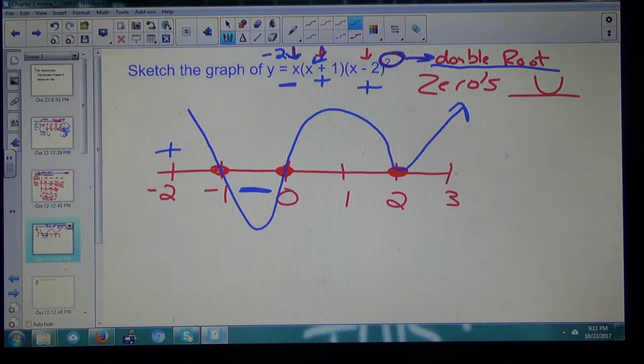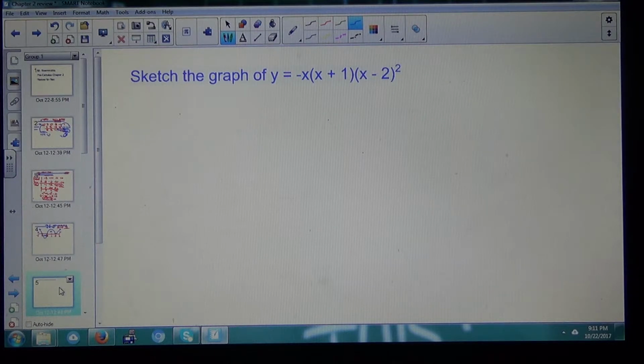What's in between the next root? So 0 and 2, 1 would be checked. Well, 1 is positive. 1 plus 1 is 2, so that's positive. And this is always positive, so it is positive. And then if I check 3, positive, positive, always positive, and did my signs match up? And you have to have those signs on the test tomorrow. And it did.